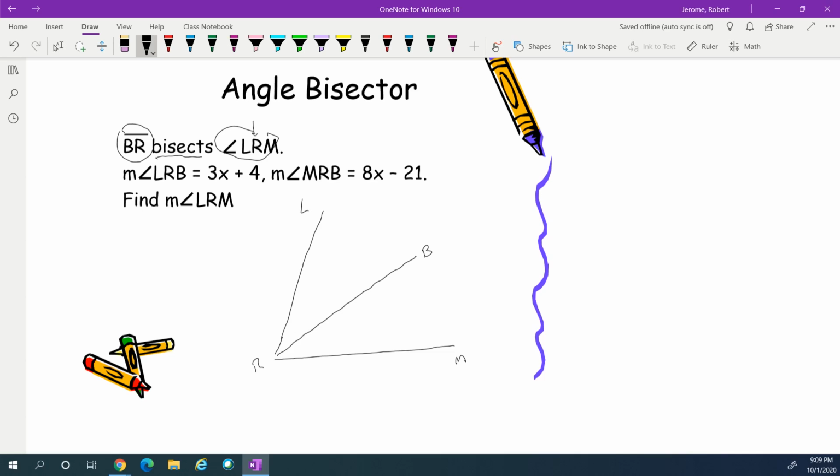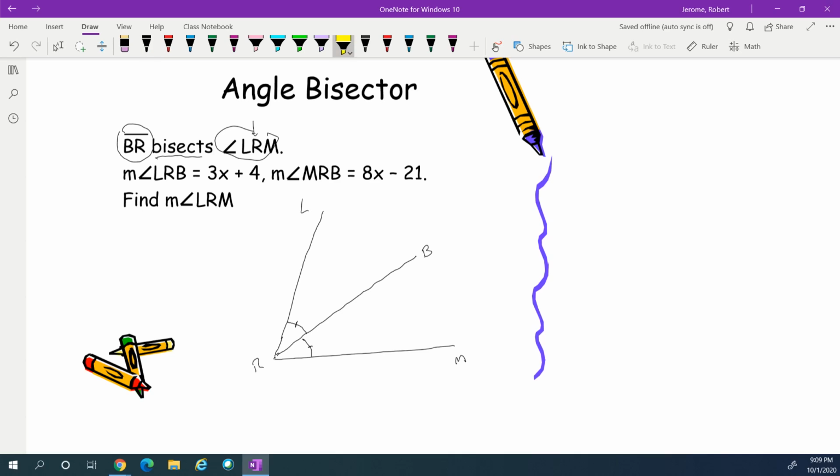And I want to show it in the picture, so I'm going to put little arcs on it. And one arc in each means congruent, just like one hash mark on a segment meant congruent. Sometimes you'll also see people put little hash marks on them. And again, that just means they're congruent. That's all it means.